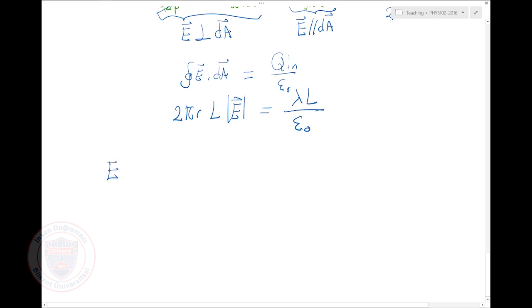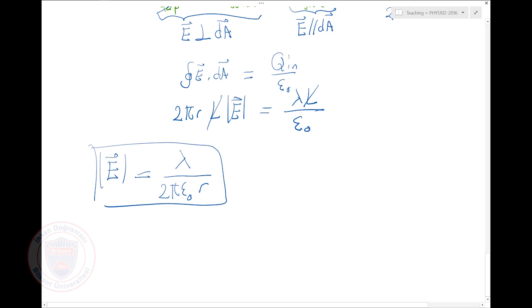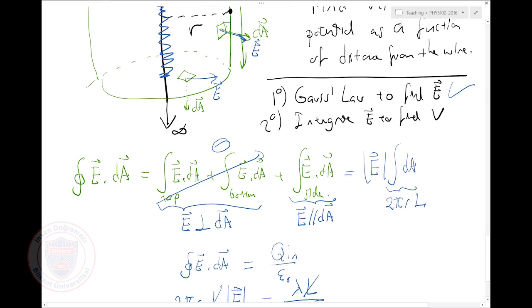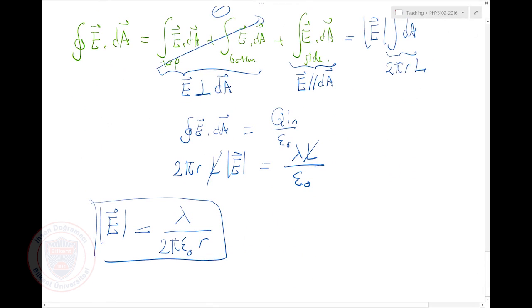So I find E magnitude to be lambda over 2 pi epsilon 0 r. L's cancelled, and I'm relieved because L was something I invented. It wasn't given in the problem. Good, so I've accomplished my first step. But now I have to integrate E to find V.